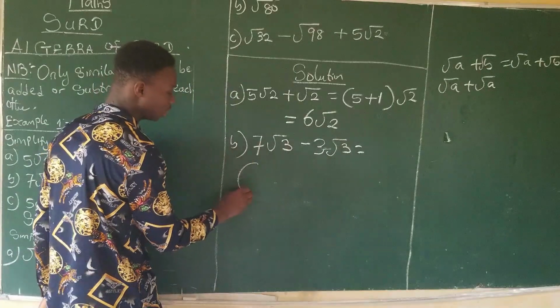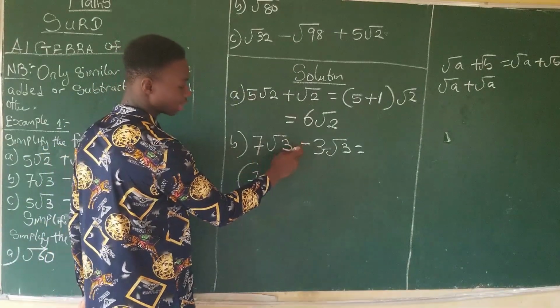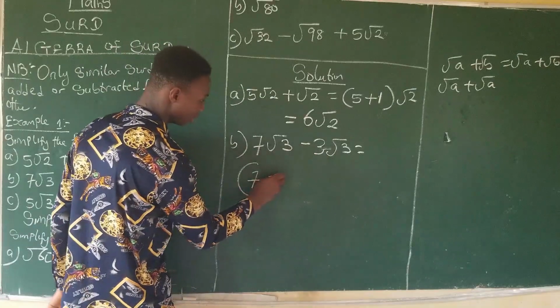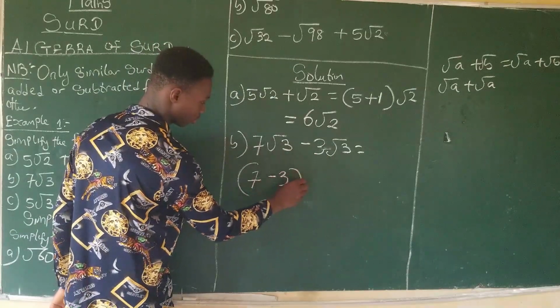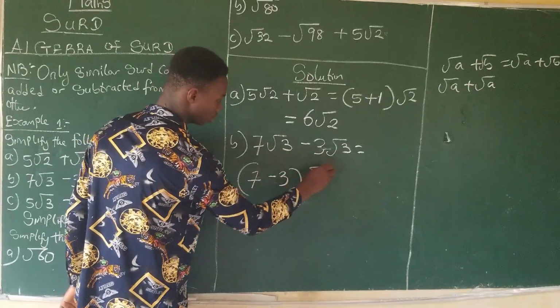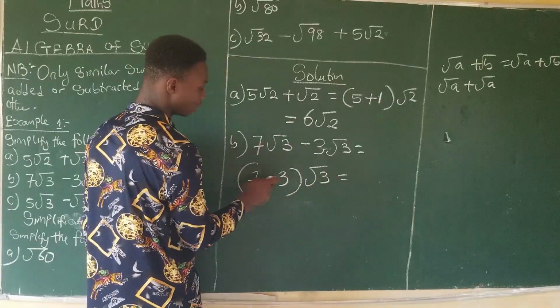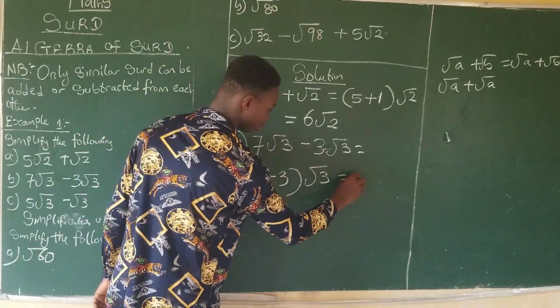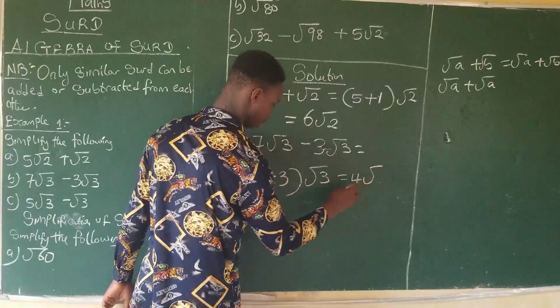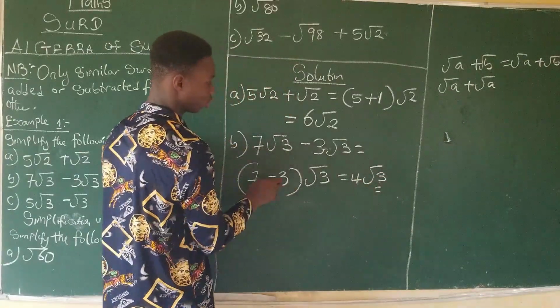Open a bracket, 7, the sign that separates these two roots from each other, minus 3. Close your bracket. Then pick one of these roots and write it out, root 3. Then your final answer becomes 7 minus 3, which is 4. So your final answer for this question is 4 root 3.